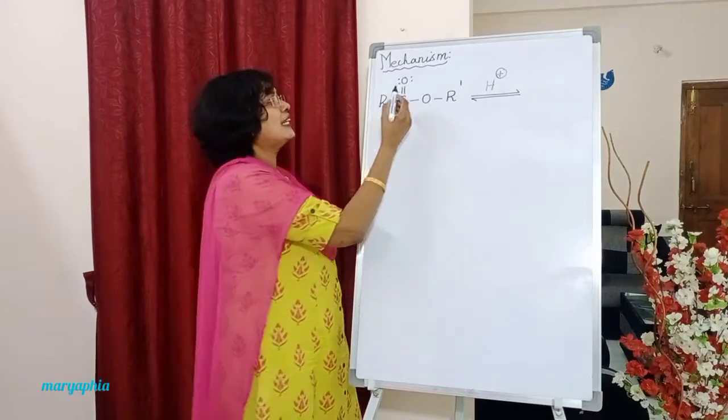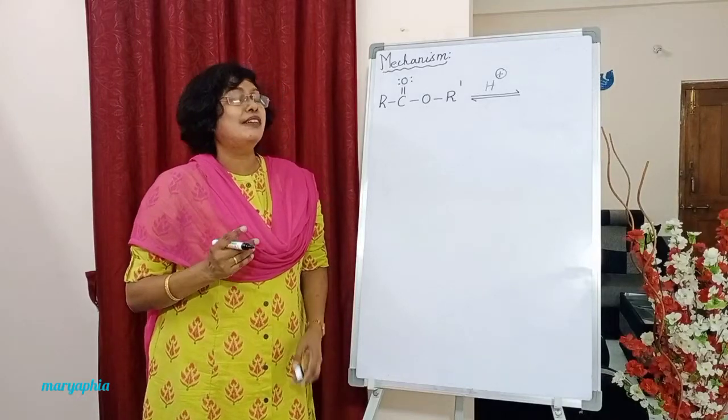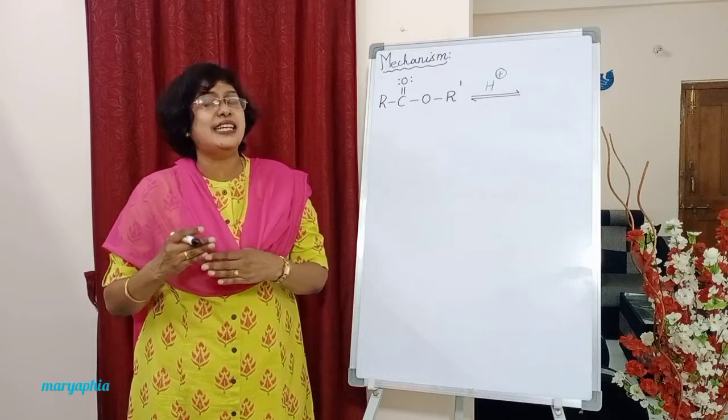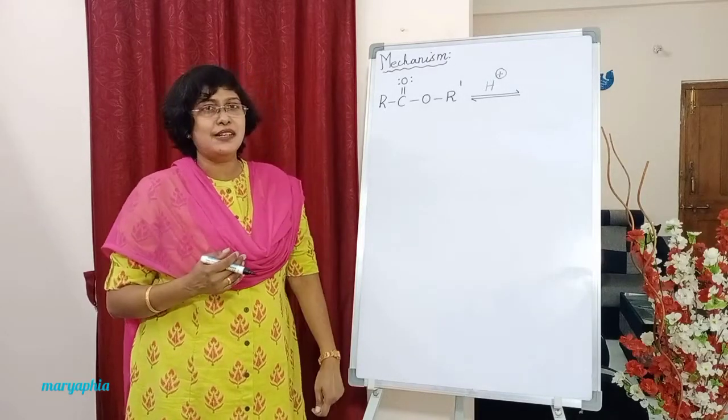Mark these two lone pairs on oxygen, so it will be easy to show how oxygen takes up H plus using its lone pair of electrons.